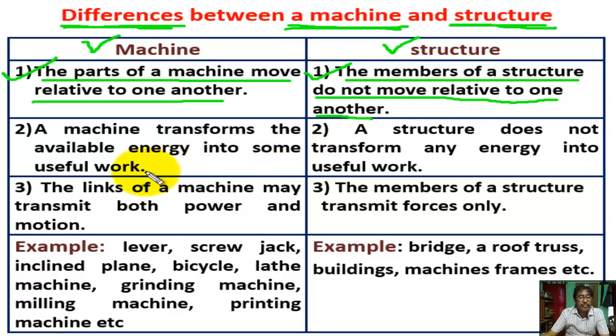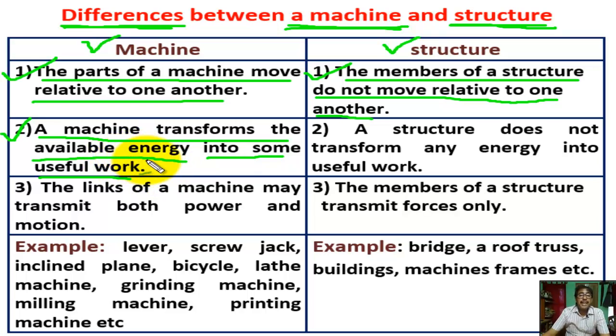Okay. Number two, in machine, a machine transforms the available energy into some useful work. A machine is transmitting useful energy to do certain types of work.